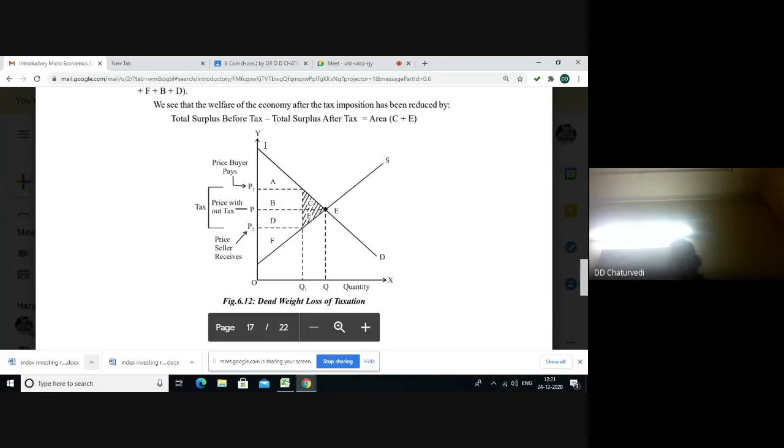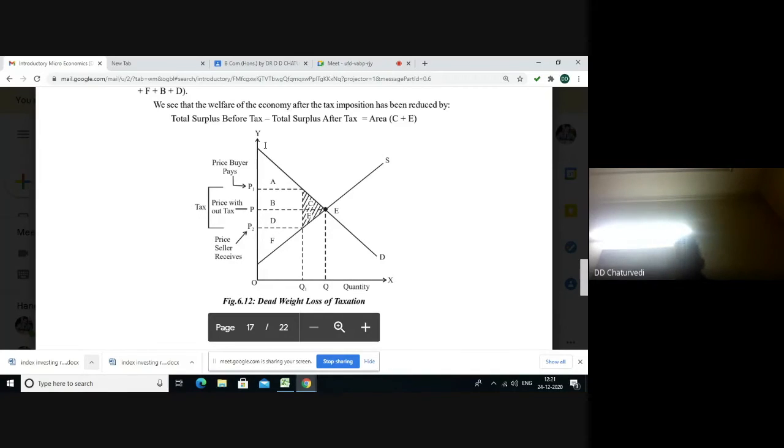In this diagram, consumer surplus is given by the difference between the area under the demand curve and the payments made by the consumer. Area under the demand curve is considered up to point E and payment made by the consumer is OP multiplied by OQ.